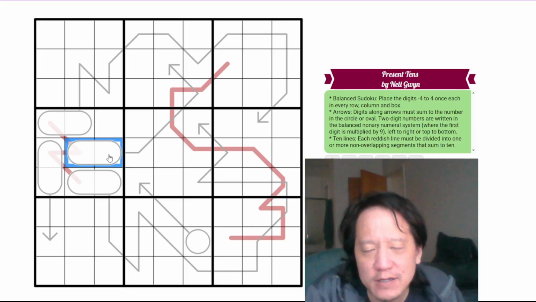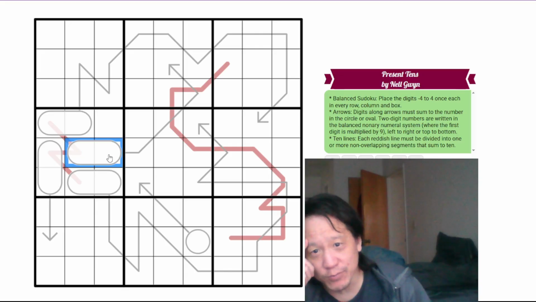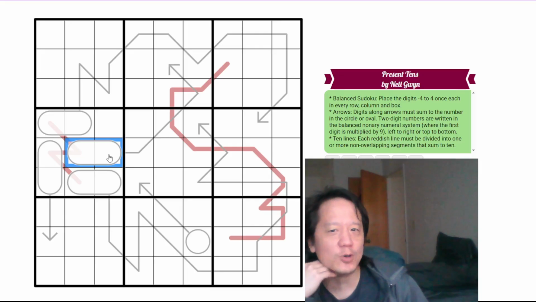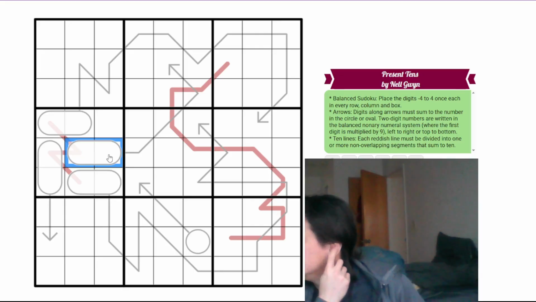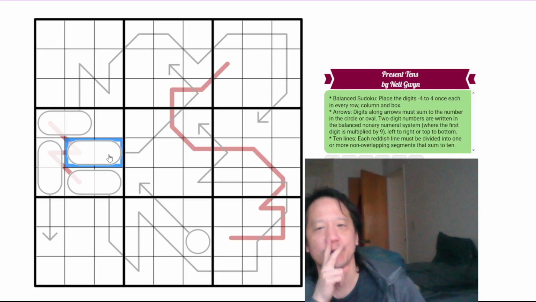Interesting. So it's not multiplied by 10. So it's not your typical two-digit number.